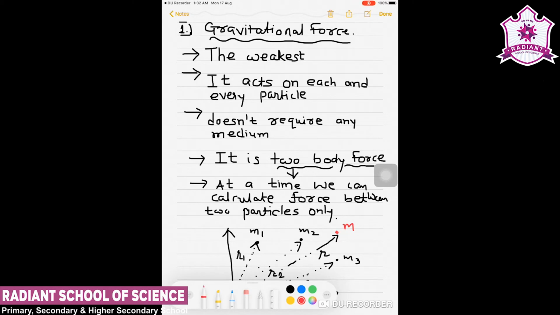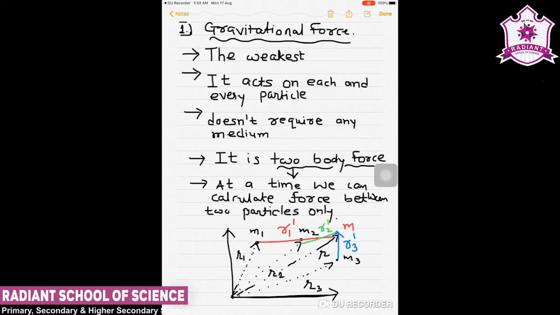Say the distance between m1 and m is r1 dash. Then the distance between m2 and m is suppose r2 dash. Then suppose I am taking the distance between m3 and m, that is r3 dash. So consider that these three are the distances between these particles.